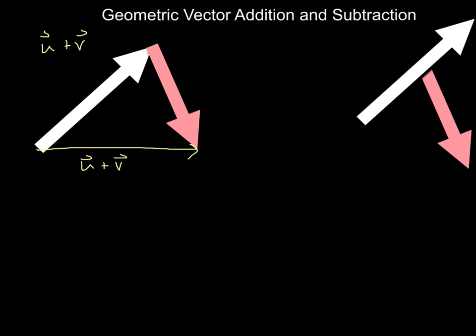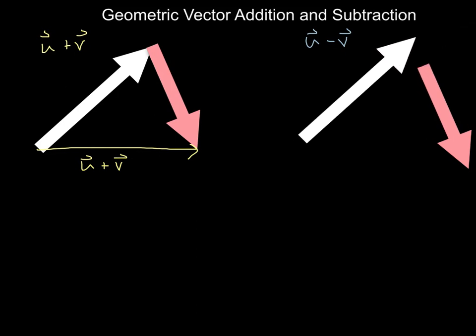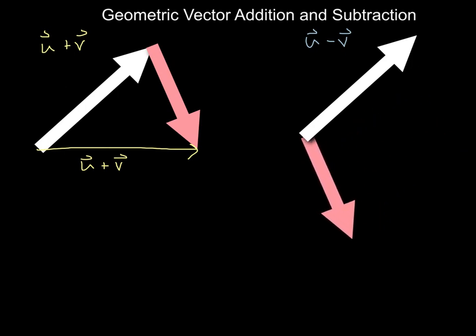Now let's look at vector subtraction. In this case, what we're going to be looking at is u minus v. And when we want to do that, again, you're going to place vector u at some location. But this time you're going to put the two tails together, so they're going to be at the same spot.